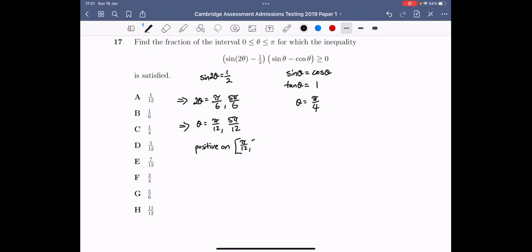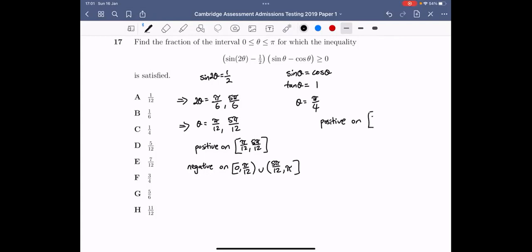This is always positive on this interval and negative on, I guess, this interval here. Whereas this is positive on everything bigger than pi over 4.